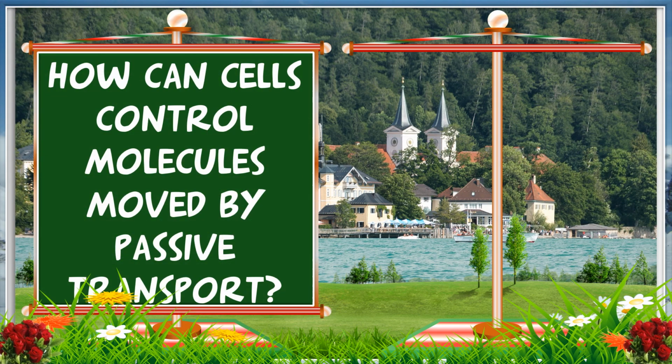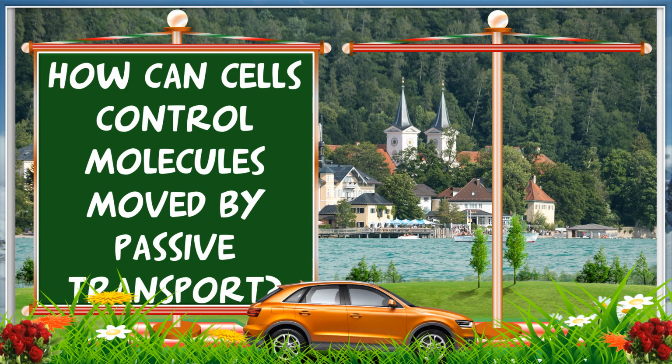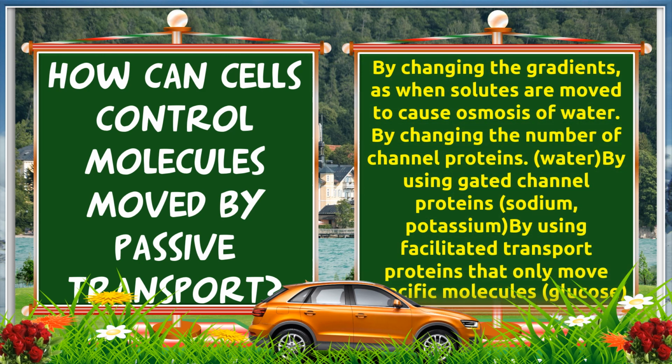How can cells control molecules moved by passive transport? By changing the gradients, as when solutes are moved to cause osmosis of water.